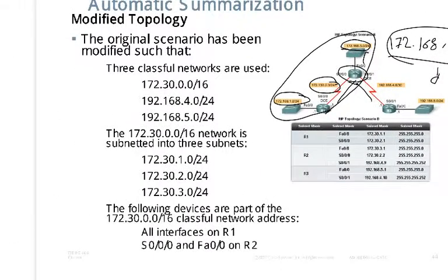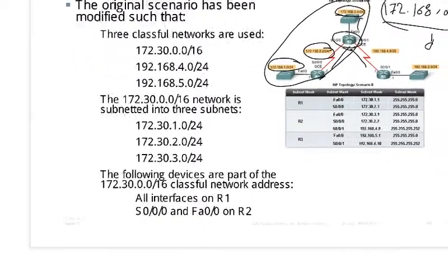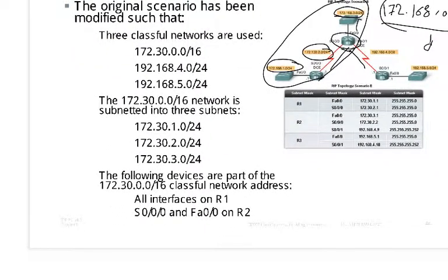So this is what's described here: the network contains, in general, 3 classful addresses. Okay? The first one is in class B, which is 172.30.0.0. Is it 30? I think it is. Right. .30.0.0.